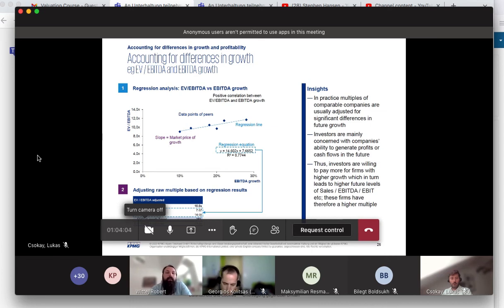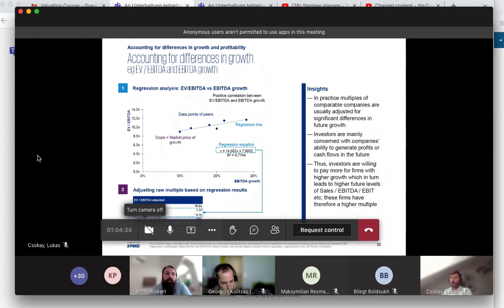Or sorry, a different example: you have two companies making the same EBITDA, both 50, and you say, well, basically they're of the same value. However, if the first company has a growth outlook of 1% and the other of 10%, then you would assume that the other company is more valuable, right?